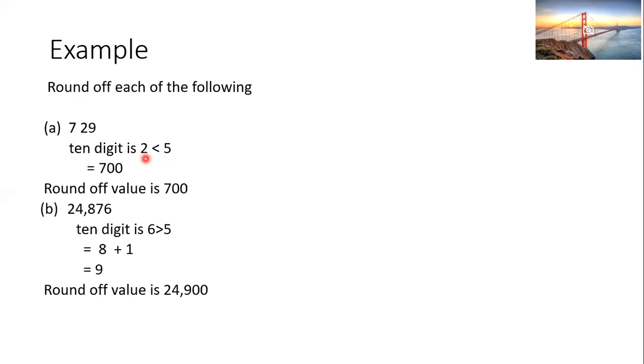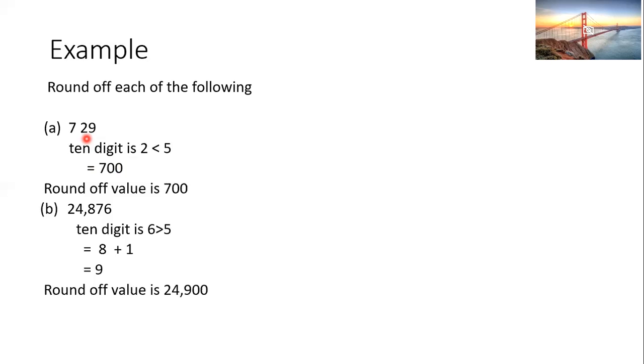You have to put the value 0 in tens and 0 in ones. What's the rounded value? 700. Listen, children, you have to round off the value in the 100 place. Which place? 100 place. So you have to see whether the 10-digit place is less than 5 or greater than 5.